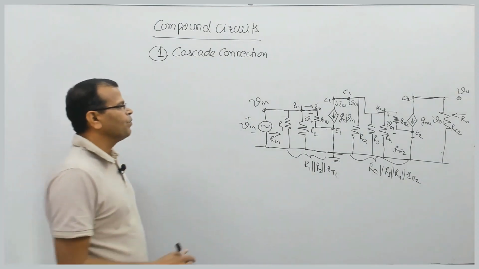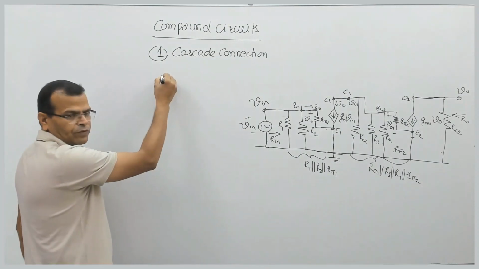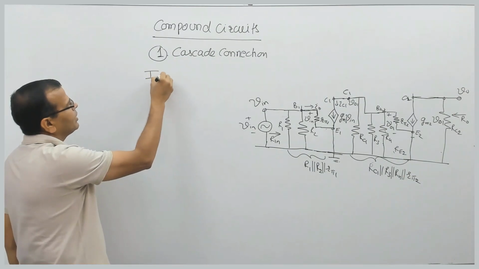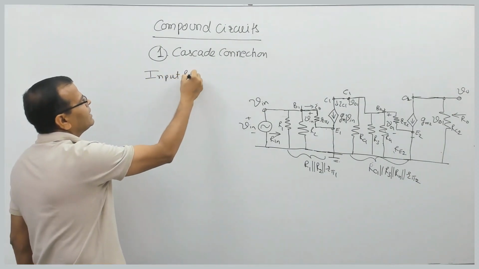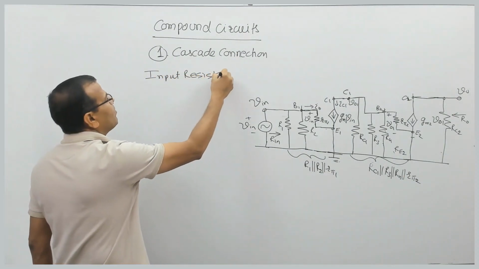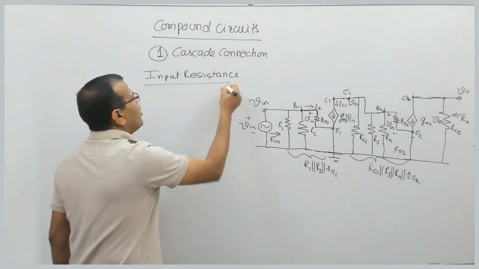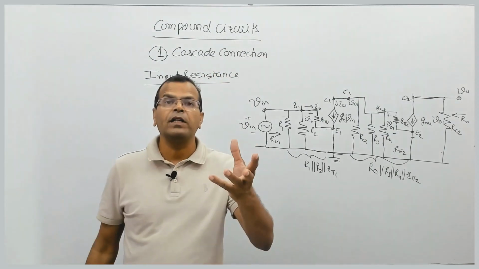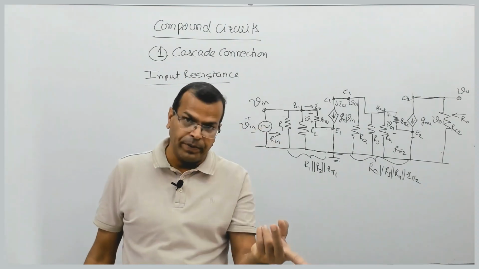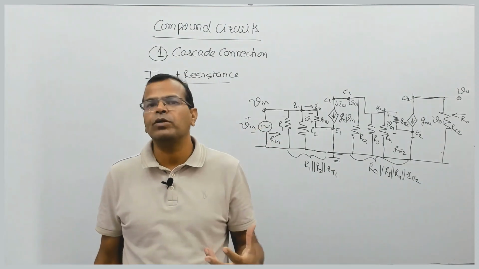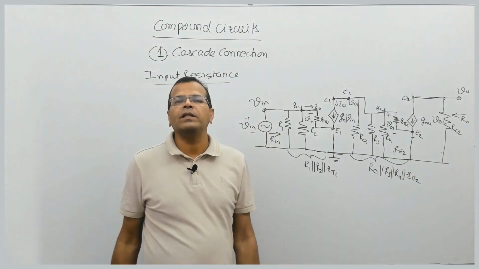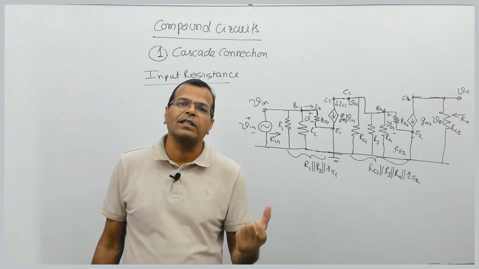So what is the input resistance of this cascade connection? Please remember one more thing. I have been using the terms input impedance and input resistance interchangeably, because in some textbooks they call it input impedance, in some textbooks they call it resistance.